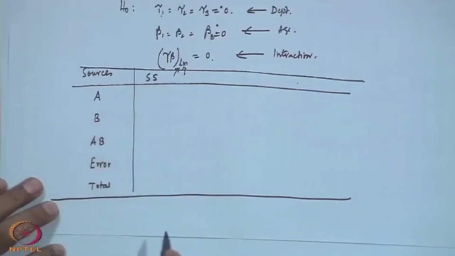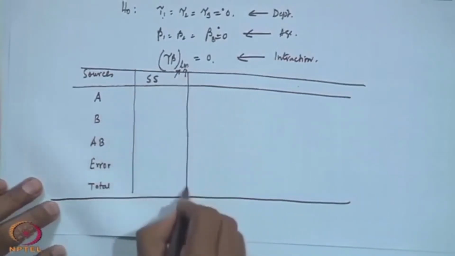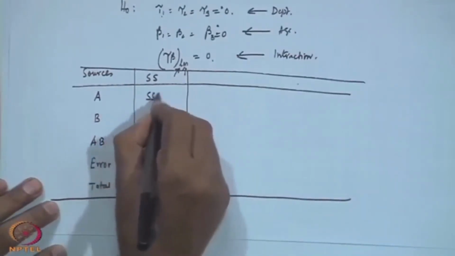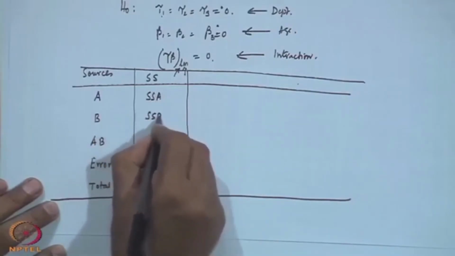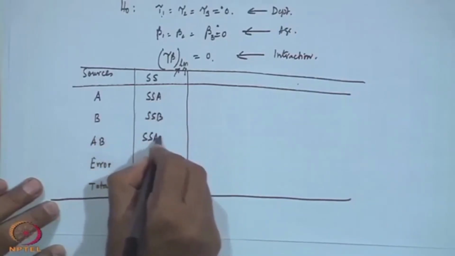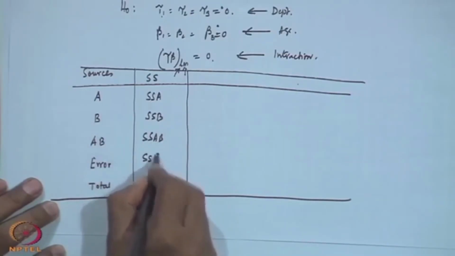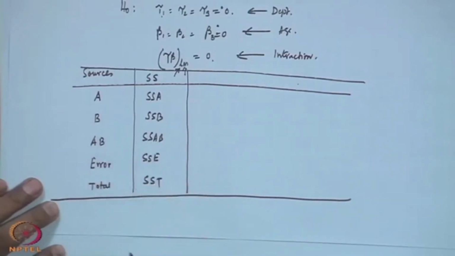You require to compute SS, that means sum of squares A, sum of squares B, sum of squares AB, sum of squares error, sum of squares total.